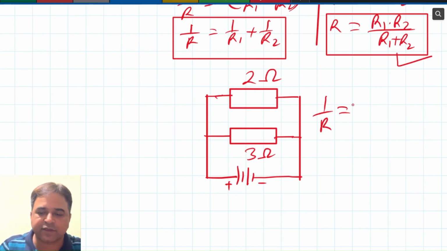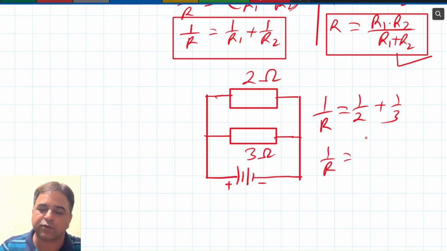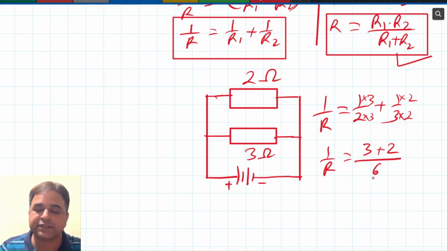1 upon R is equal to 1 upon 2 plus 1 upon 3. You will take LCM. LCM coming is 2 into 3, 6. So 1 upon R equal to, here you will multiply with 3 to make their denominator 6, 3 upon 6. Here you will multiply with 2. So 3 times 1 is 3, 2 times 1 is 2, upon 3 twos are 6.